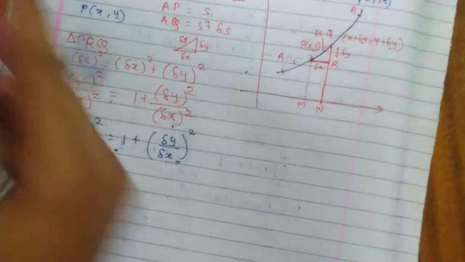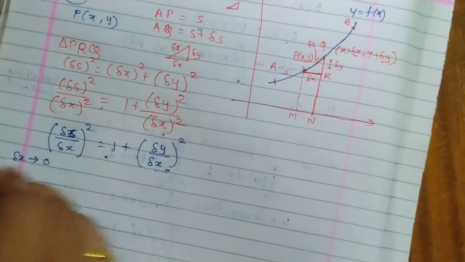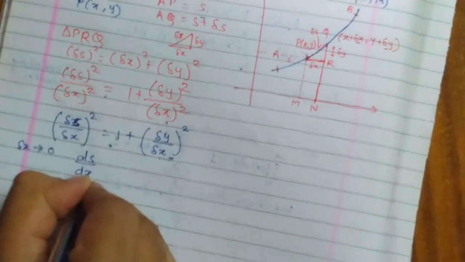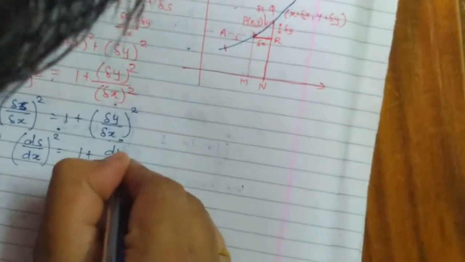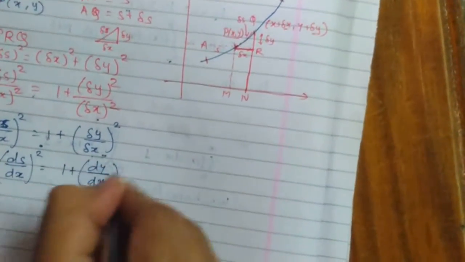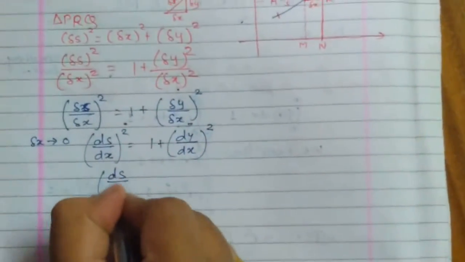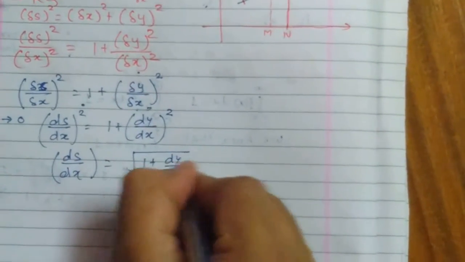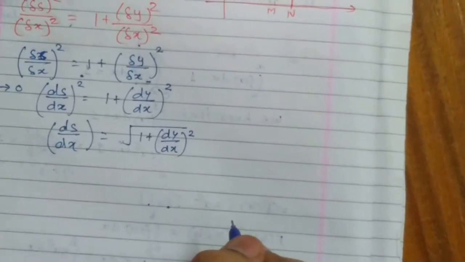Now taking the limit as delta x tends to 0, this becomes (ds by dx) square is equal to 1 plus (dy by dx) square. Taking the square root on both sides, we have ds by dx is equal to square root of 1 plus (dy by dx) square. Are you clear with this?